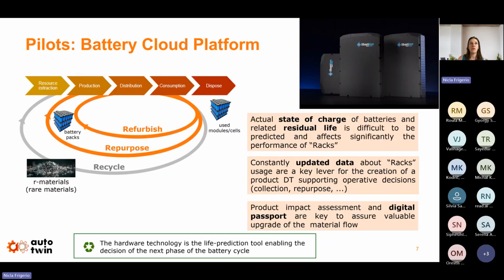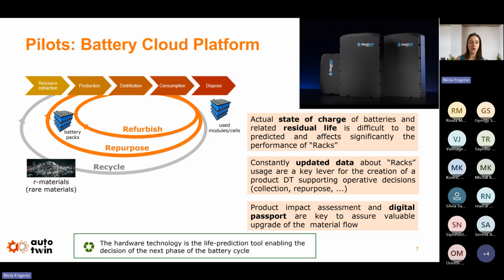So now, going back to AutoTwin, we have 3 use cases that give different examples of all those features that I just mentioned. The first one we call the Battery Cloud Platform, with the company Libation. This company takes old modules or cells of batteries, and they choose whether to refurbish, to repurpose them, or to simply recycle, because the state of health is not enough for them to be refurbished.